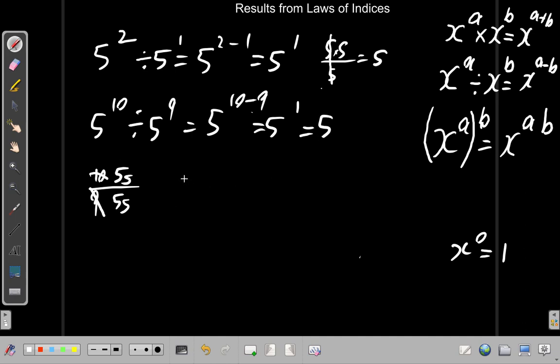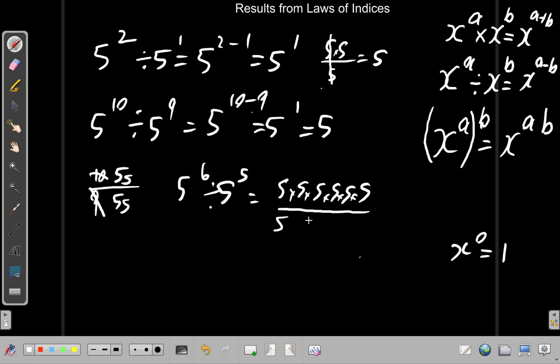showing that 5 to the 1 is 5. Another example, 5 to the 6 divided by 5 to the power of 5. It would be six 5s, all multiplied, over five 5s, all multiplied. Then you cancel down: 5 cancel 5, 5 cancel 5, 5 cancel 5, 5 cancel 5, 5 cancel 5.